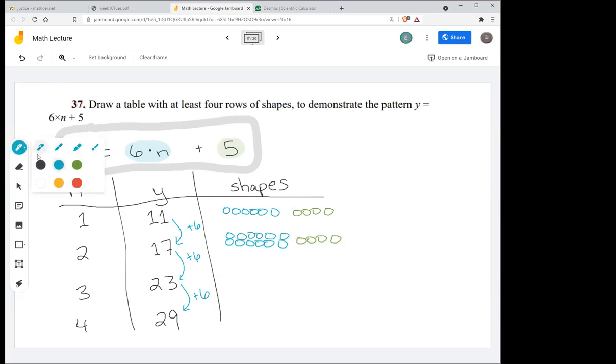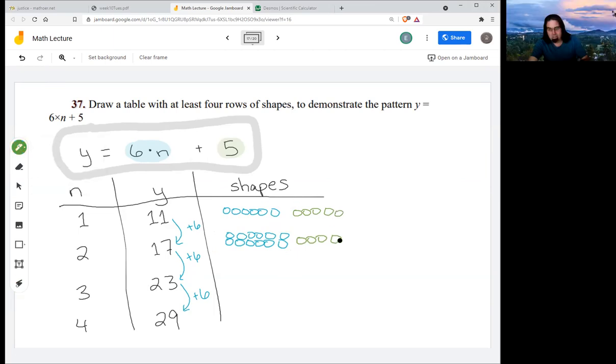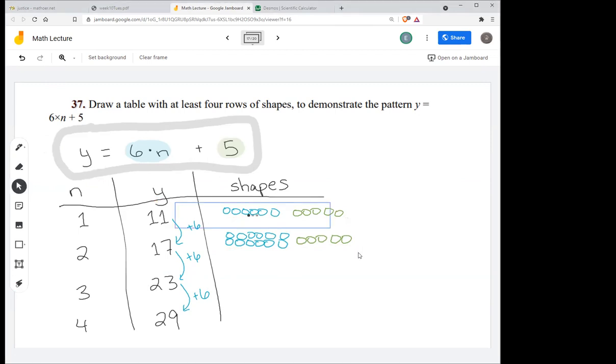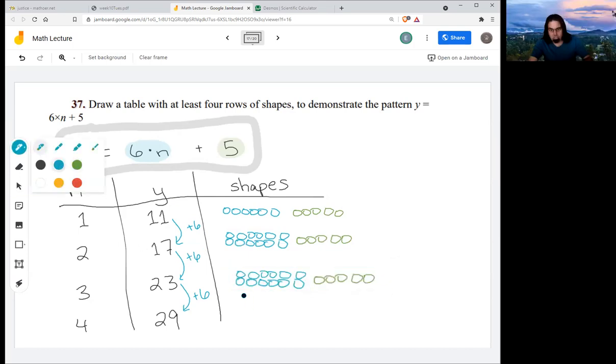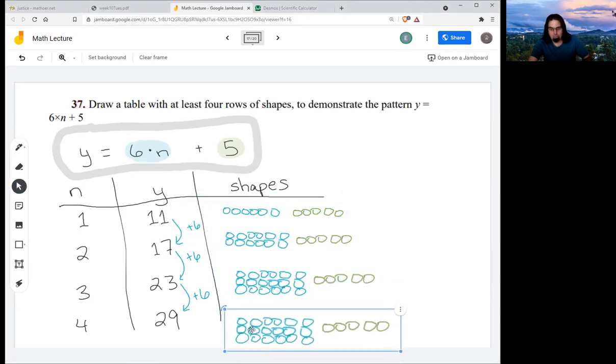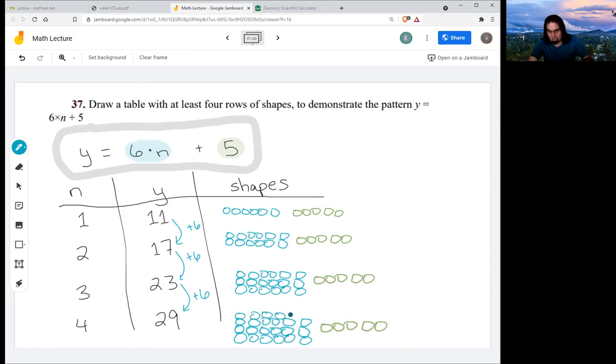Oh, I am. Thank you. Is that hopefully clear that we have 1 6 and 5? We have 2 6s and 5. Yeah. So then for the next one, I'll put another 6s and 5. And for the last row, more 6s. Now I have 4 6s and 5, like that.